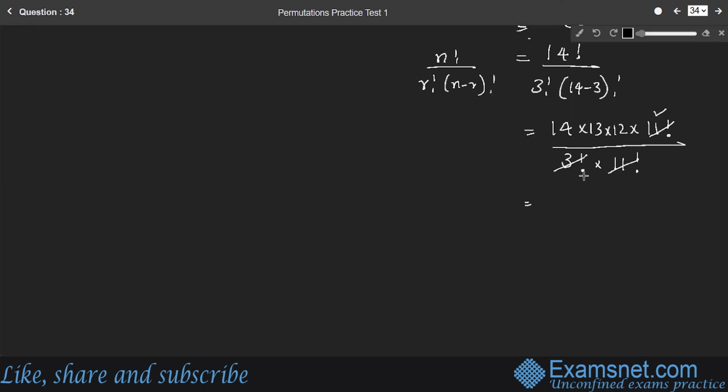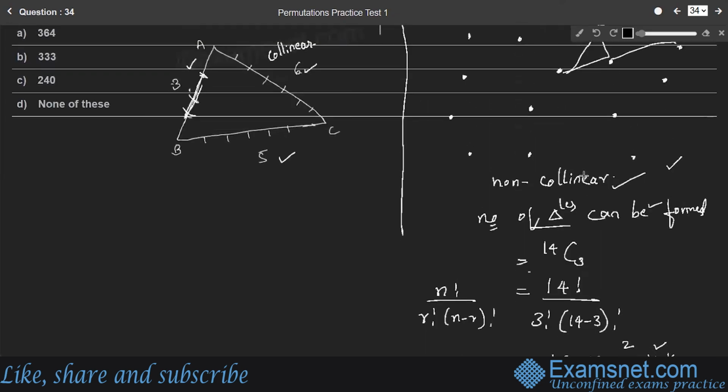So 6 into 2 is 12. Therefore, we have 14 into 13 into 2. So you will get 364, right? So we can form 364 triangles with non-collinear points.